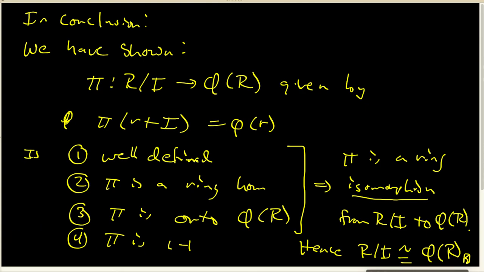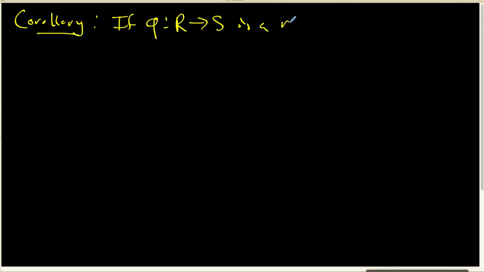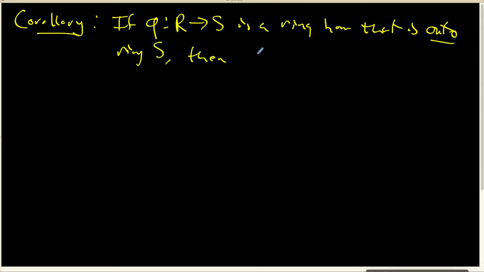Before we end this video, there is one thing that I want to talk about, and that is a corollary. And the corollary is this. If phi is a ring homomorphism from R to S that is onto S, then it turns out that R mod I will actually be isomorphic to S itself.